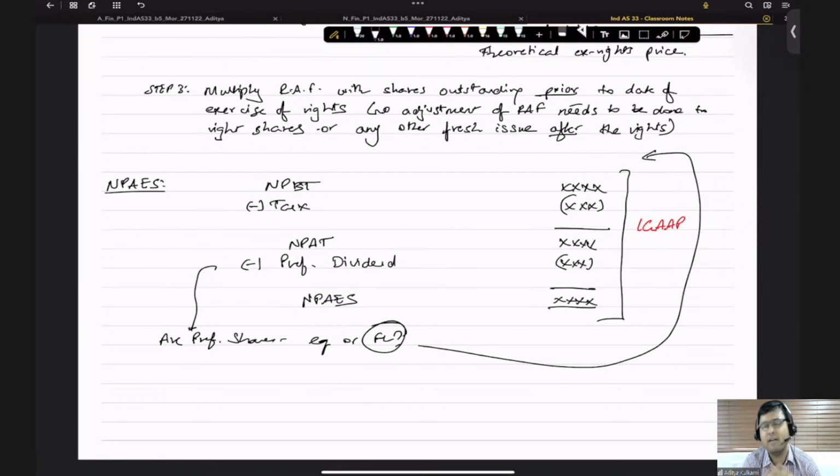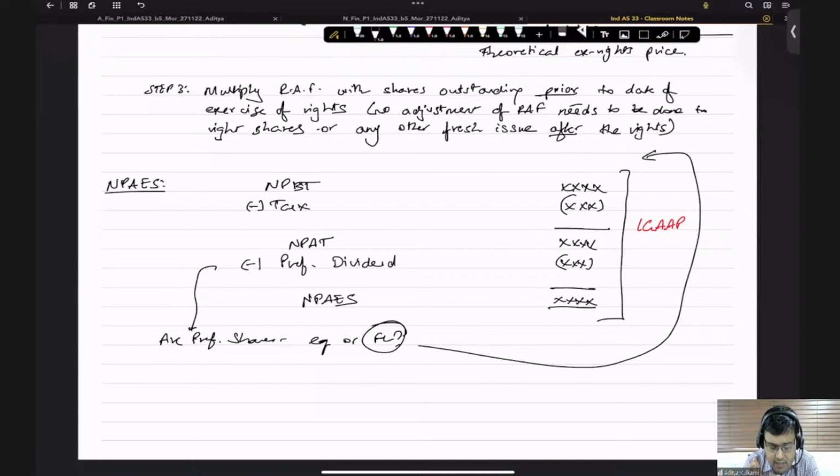In spite of that, we will have to reduce it because that many reserves have ultimately come down for the equity shareholders. Is it okay? So this is the adjustment relating to preference dividend. It depends on whether my shares are redeemable, or whether they are a financial liability, or whether they are equity in nature. So that is the determining factor behind the dividends.